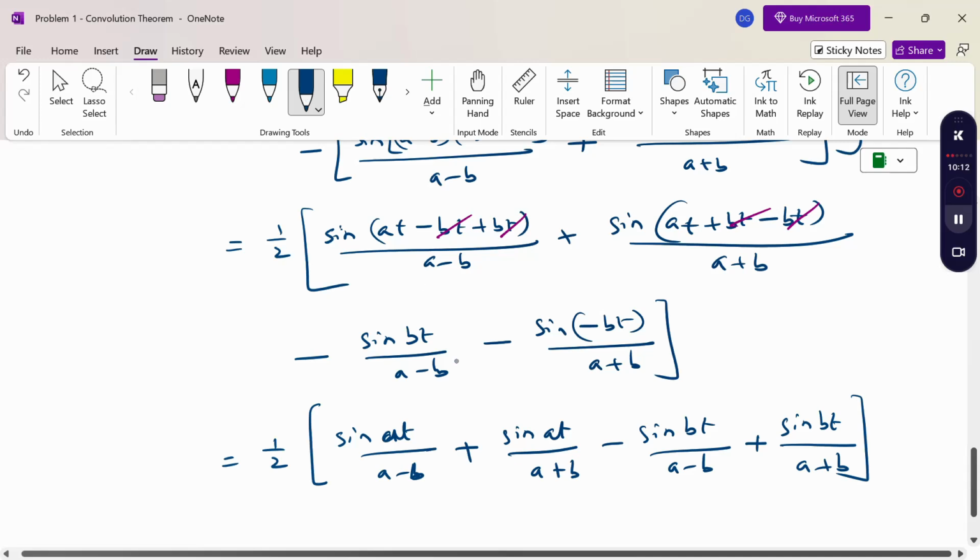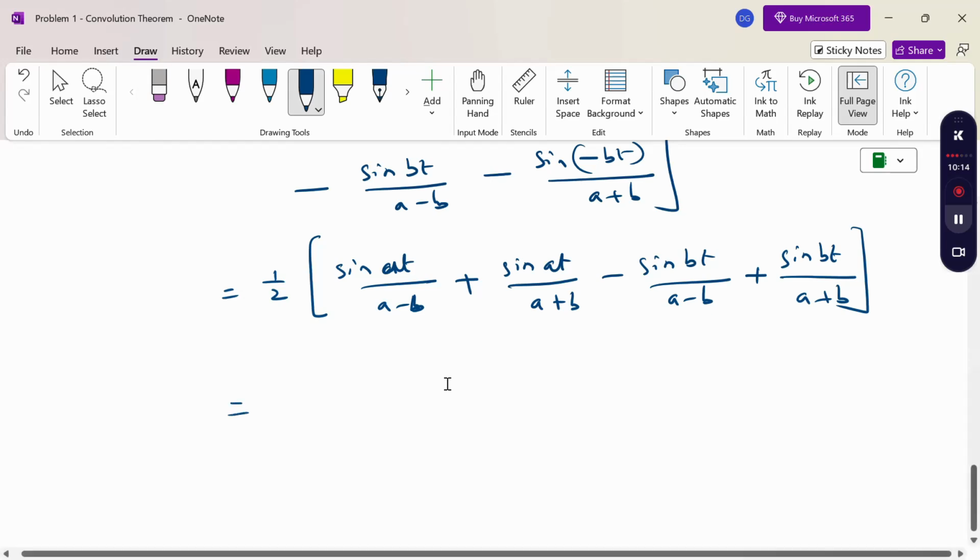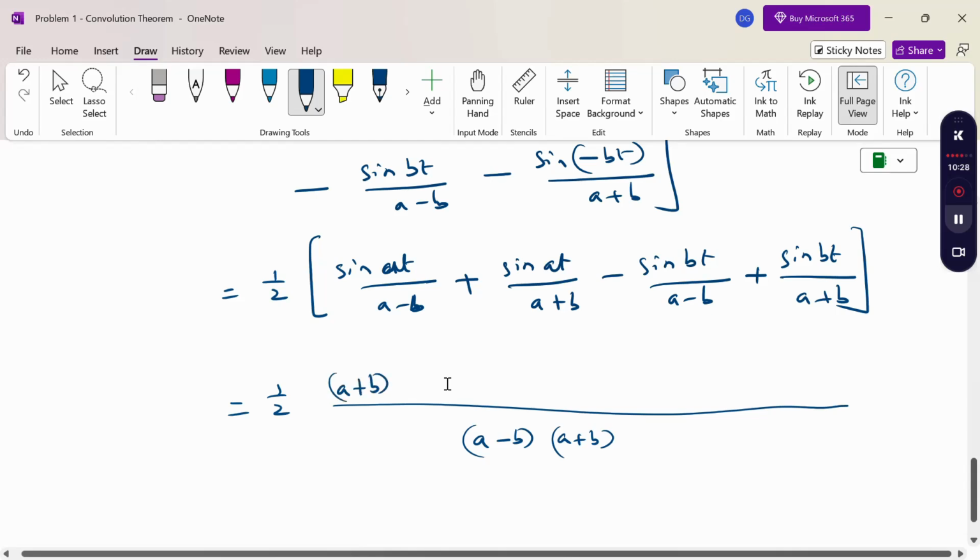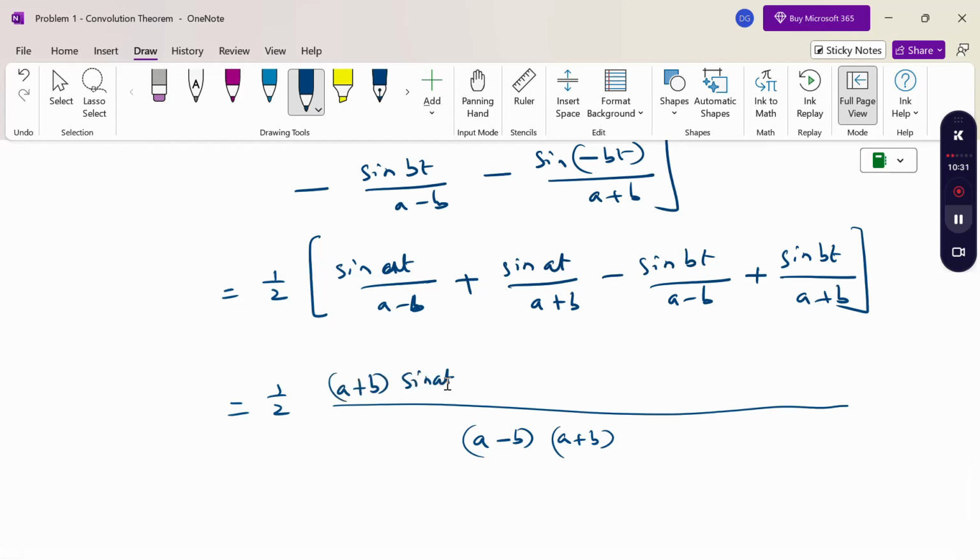So now to take the LCM of the denominators, 1 by 2, when I am taking LCM, a minus b, a plus b. So a minus b, a plus b, I am taking LCM. Therefore here the first term is a plus b into sin at, then second term a minus b into sin at, this term a plus b into sin bt, and this term a minus b into sin bt.